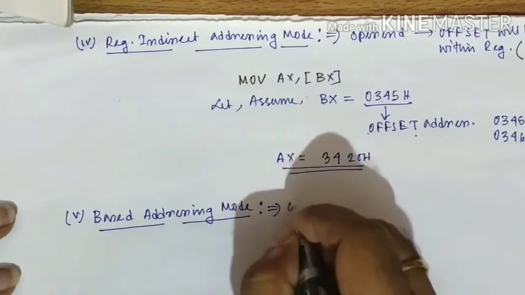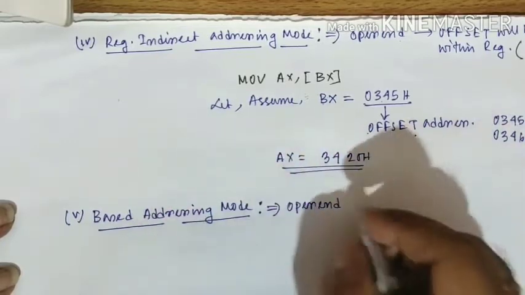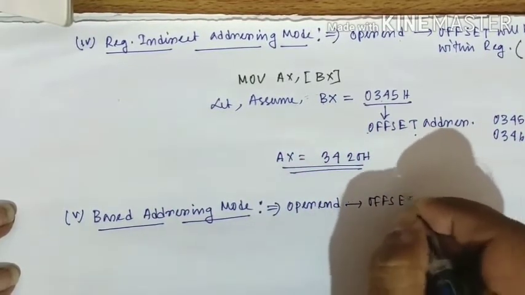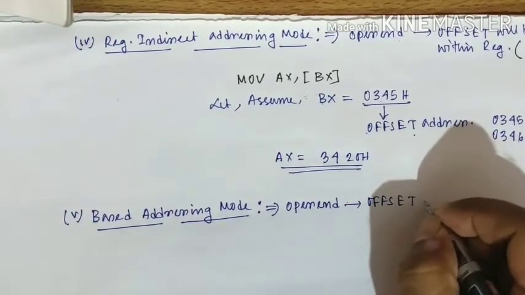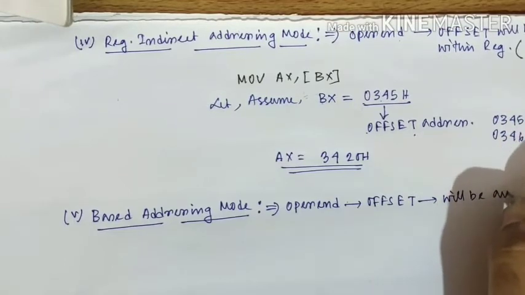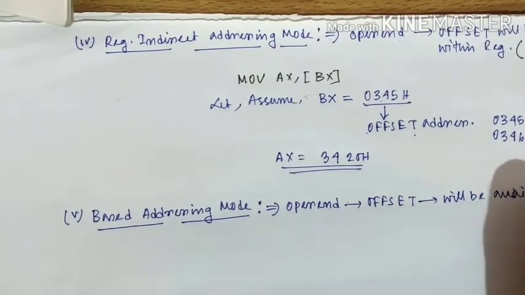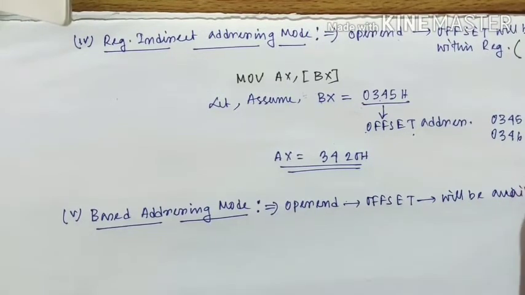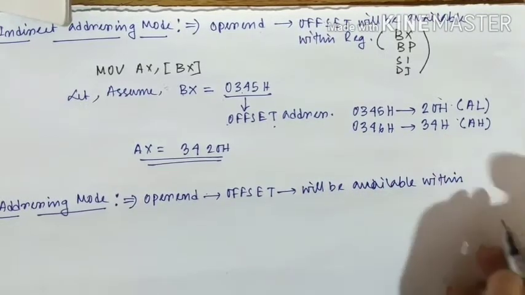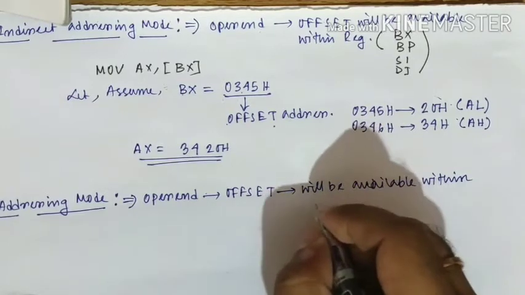So here also the operand will be offset. What is the operand? Already we know, in all these cases the operand will be offset, and the offset will be available within the base register.